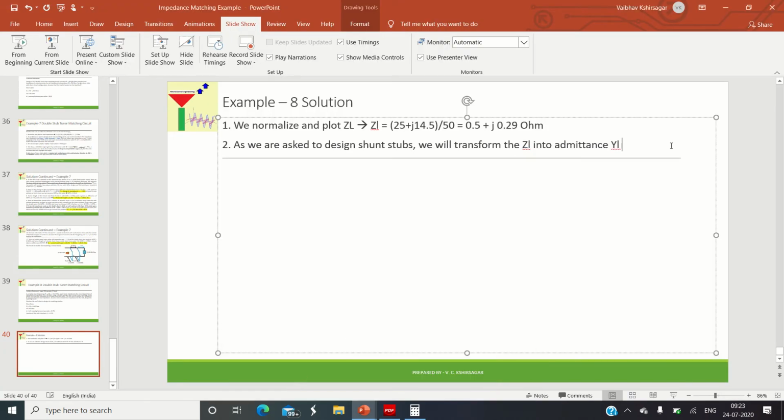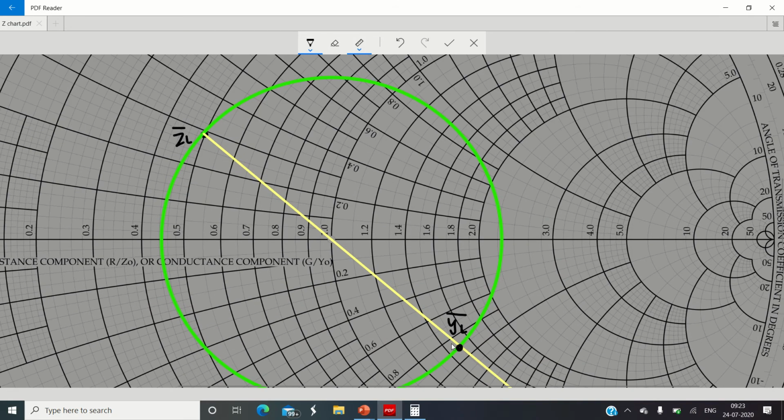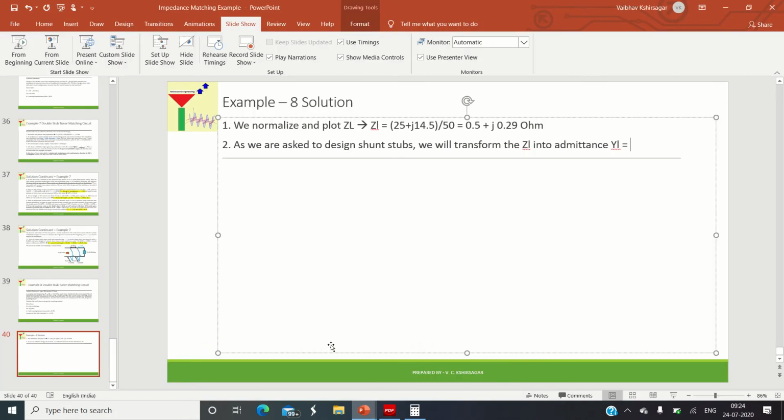The YL bar value: you can trace this conductance circle, and it is intersecting at 1.5, which is in between 1.4 and 1.6. So accurately it is 1.5. I will write this real part as 1.5.